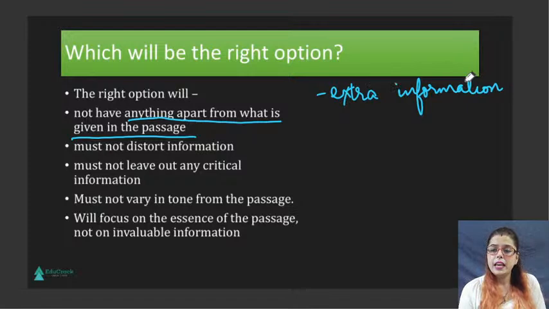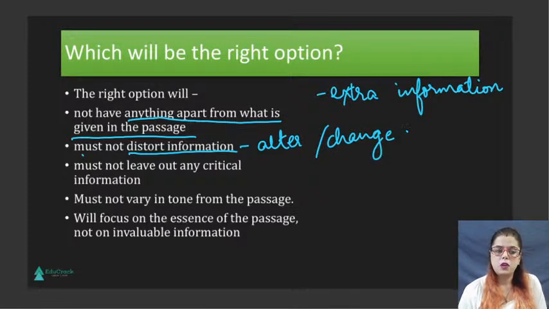If the information is not there in the passage, please try to avoid those options, right? It must not distort information. Distort information means alter or change. All right, it should not alter or change information. It should not be representing something in a different light in the summary. You have to ensure that the information does not change.